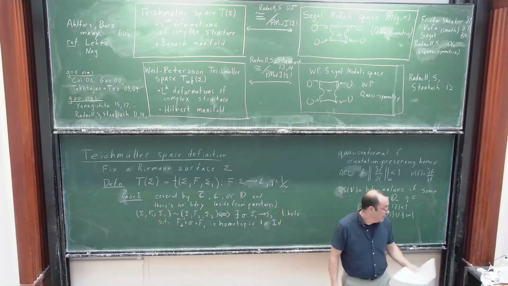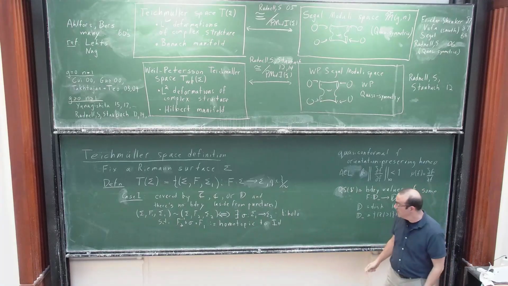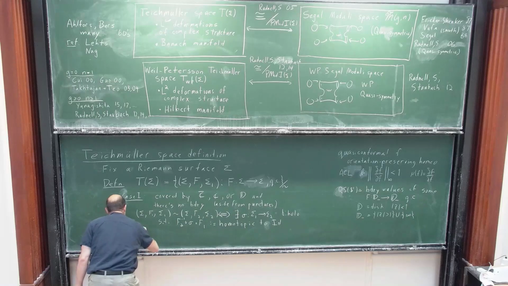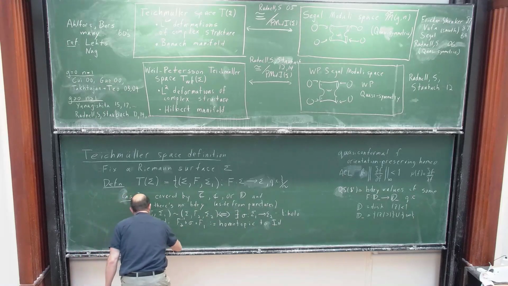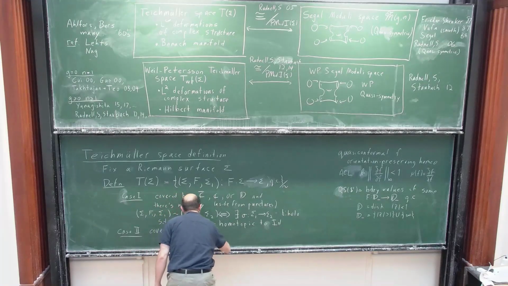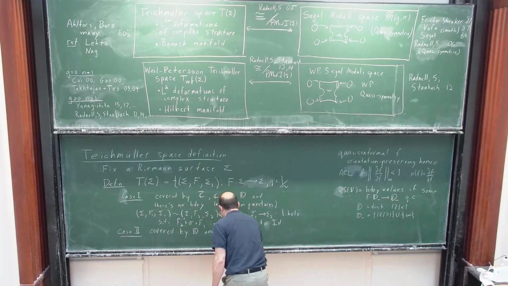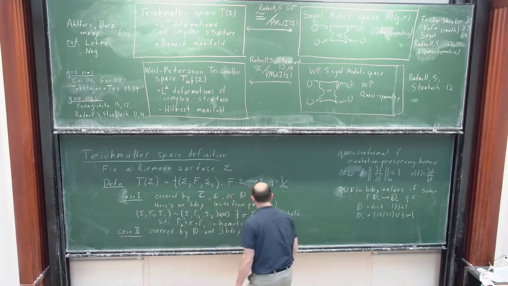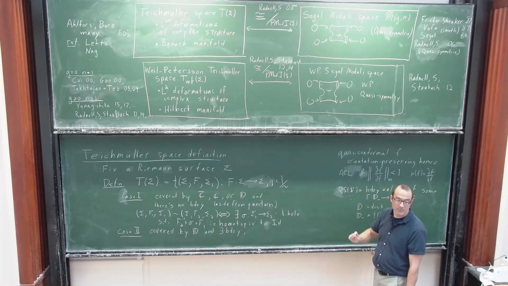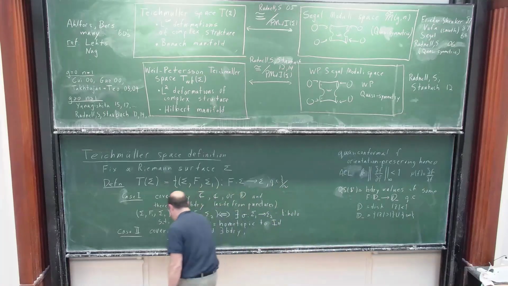Okay? Now, in the case that you're covered by the disk and there's some significant boundary, we have exactly the same equivalence relation, but you say homotopic to the identity rel boundary.